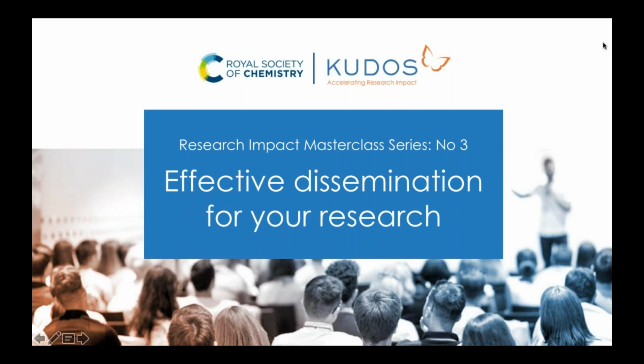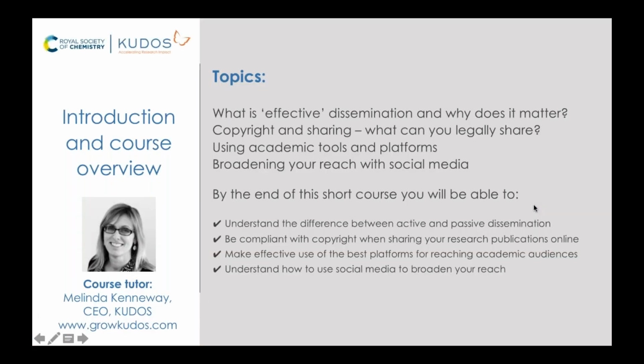It's designed to help you disseminate your research to improve its reach and visibility, and through that, its potential for impact. Now, this is an outline of what we expect to cover today. In the opening section, we're going to review, first of all, why proactive dissemination is becoming more important.